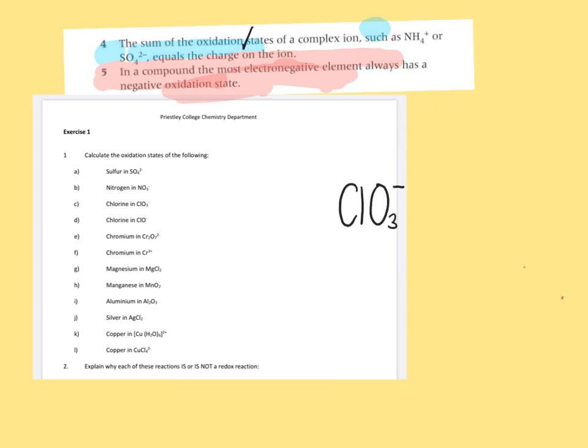So what about the oxidation state of chlorine when it's combined with oxygen in this ion? And how do we name this ion? So first of all, again, the sum of the oxidation states of chlorine and 3 lots of oxygen, which we know have an oxidation state of -2, equals the overall charge on the ion, which is -1. So chlorine - 6 equals -1.